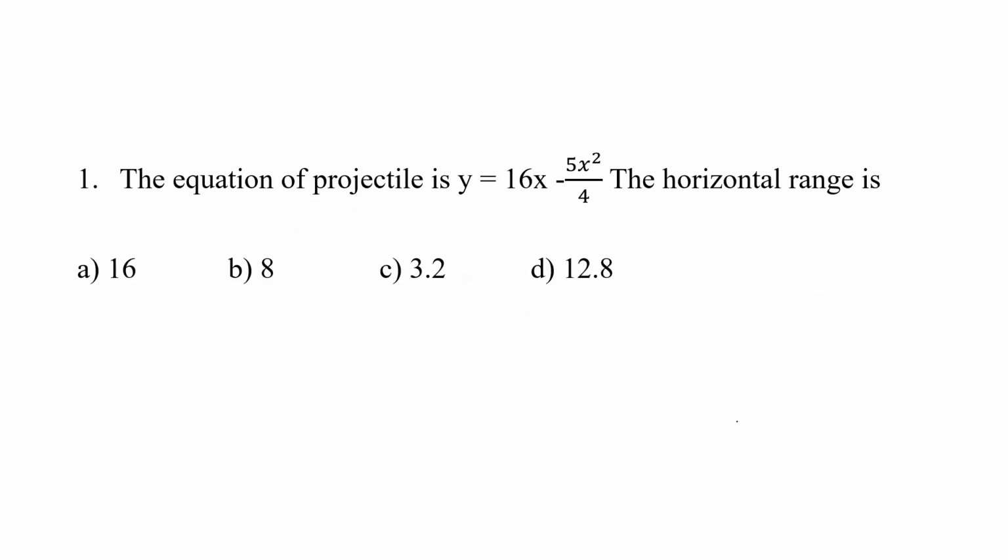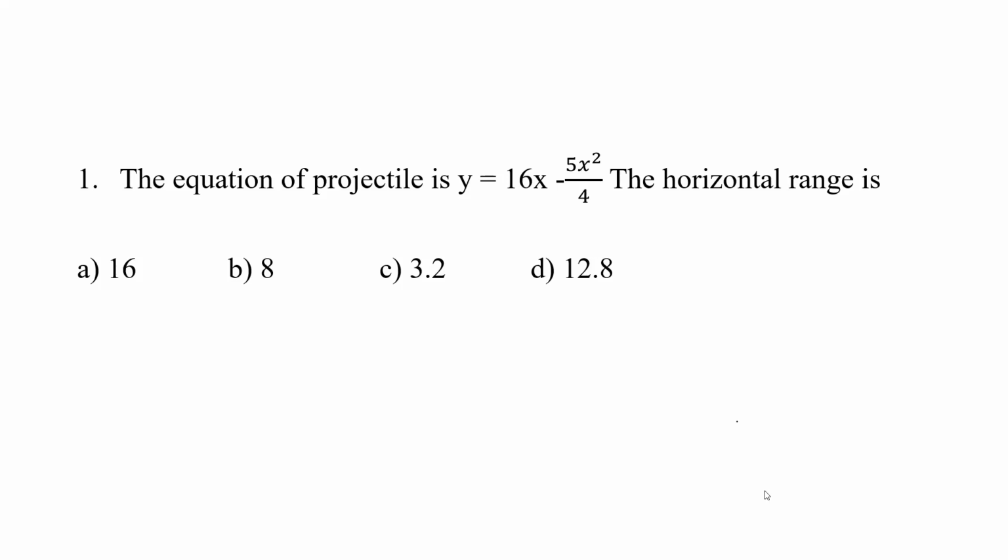The horizontal range is given by. So here the question is what? They have given one equation, y is equal to 16x minus 5x square divided by 4, based on projectile motion. The horizontal range is given by.